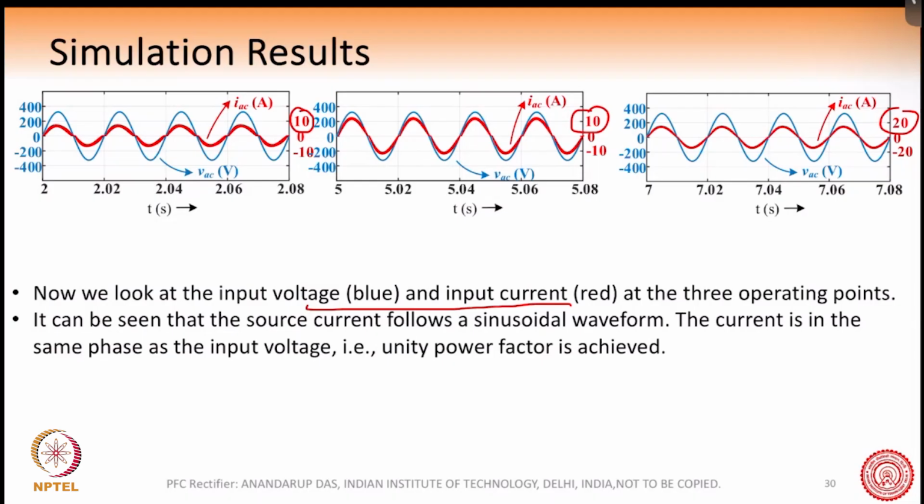If you remember, we had said that at higher power, more of the regions come under the purview of the CCM mode. So at higher loading, closer to the rated loading, the current becomes better and better, and the THD becomes better.